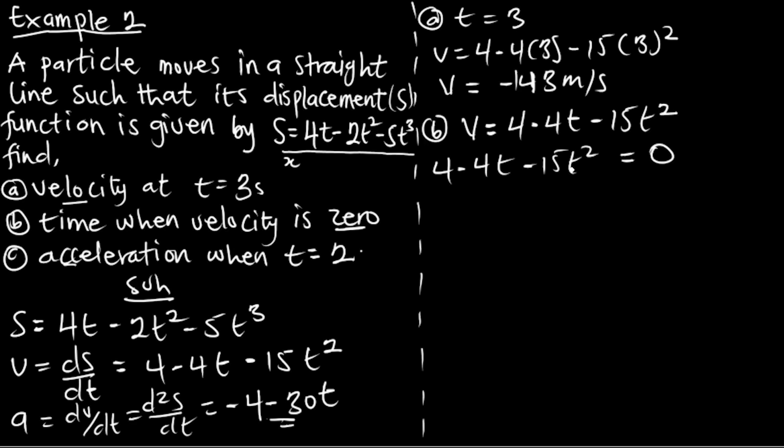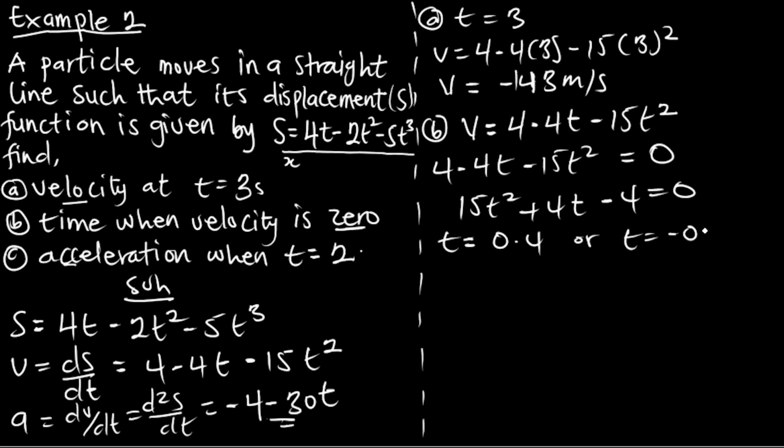So can I rearrange it and make a better equation out of this? This will be 15t squared plus 4t minus 4 equal to 0. If you rearrange this, you divide through by the negative, you are getting this equation. And when you solve this quadratic equation, your time is going to be 0.4, or you have two values: t will also be equal to negative 0.66.